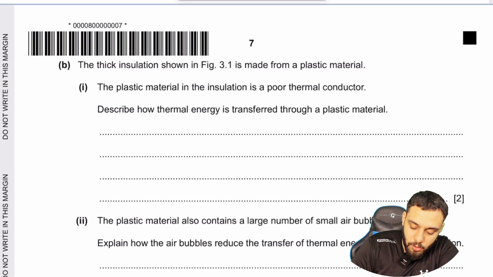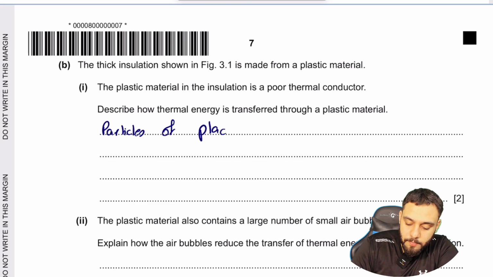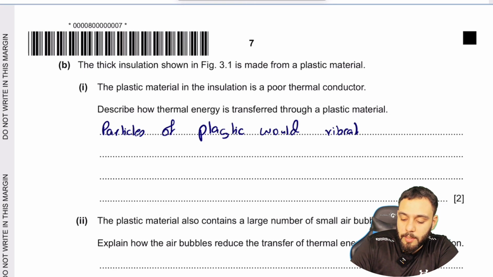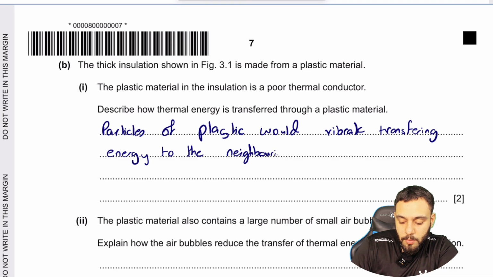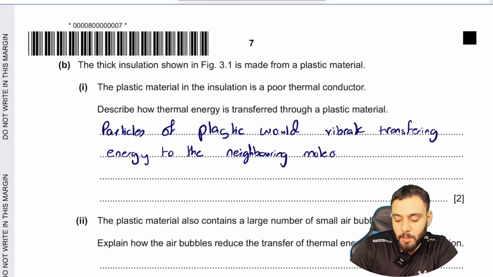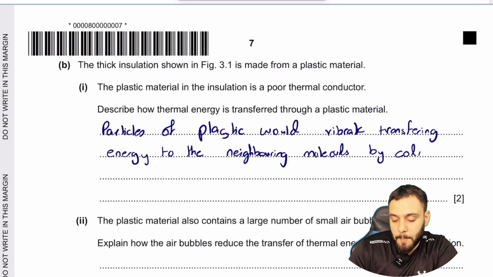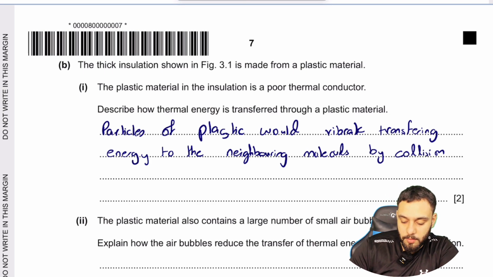So again, particles of plastic would vibrate, transferring energy to the neighboring molecules by collision, or you can say by the process of conduction.